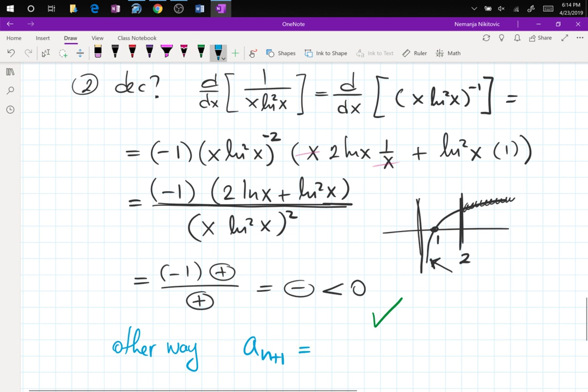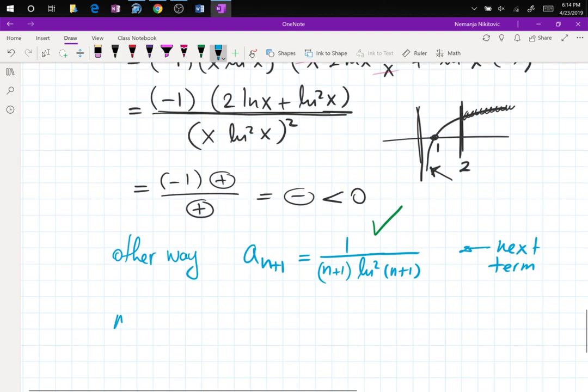So if your a_n is 1 over n ln squared n, then a_n plus 1 has to be 1 over n plus 1 times ln squared of n plus 1, because that's the next term. So now we need to show that a_n plus 1 is smaller than a_n.